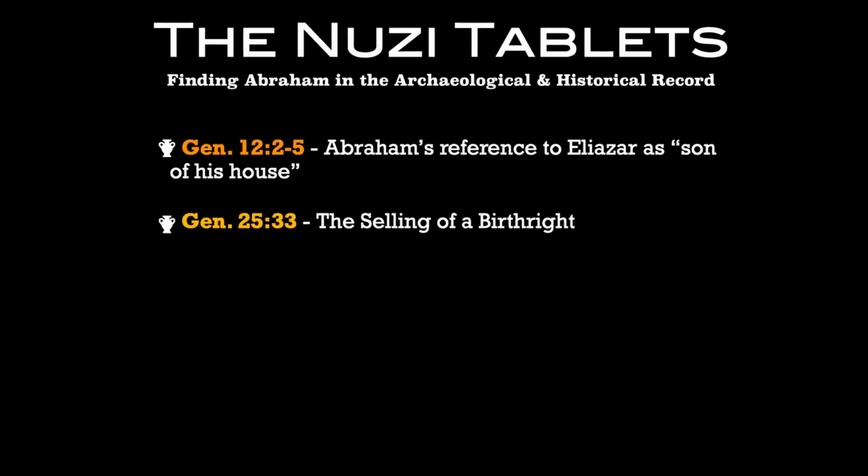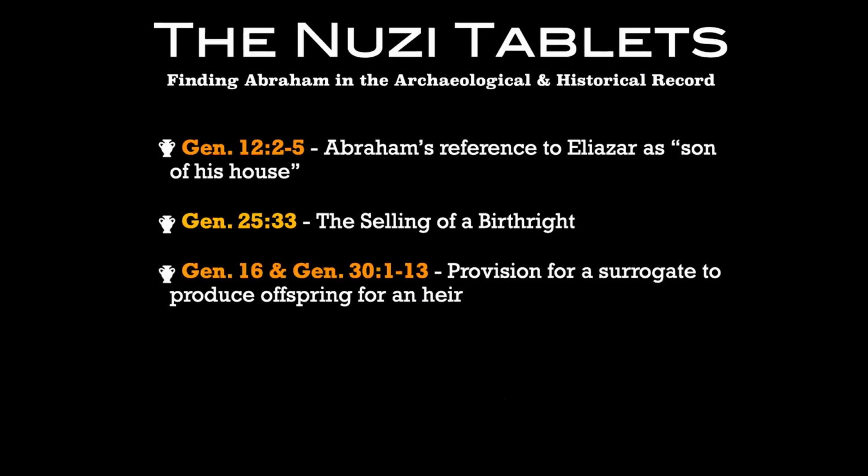So let's see here. The selling of a birthright. In Genesis 15, Abraham refers to Eleazar as the son of his house. The selling of birthrights was a common practice in the ancient Near East, and the Nuzi tablets actually give us insight into that. Also, the provision for a surrogate to produce offspring for an heir.